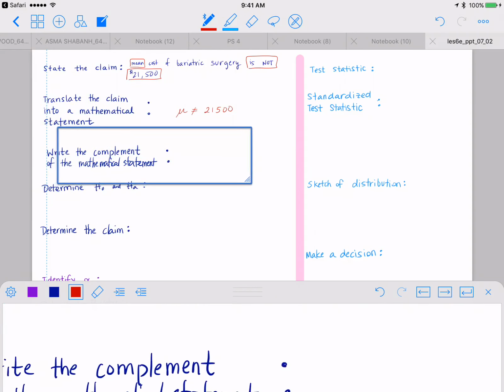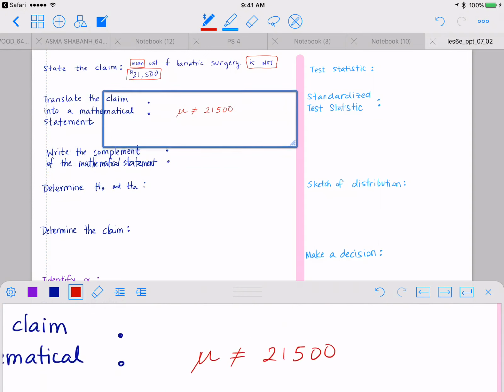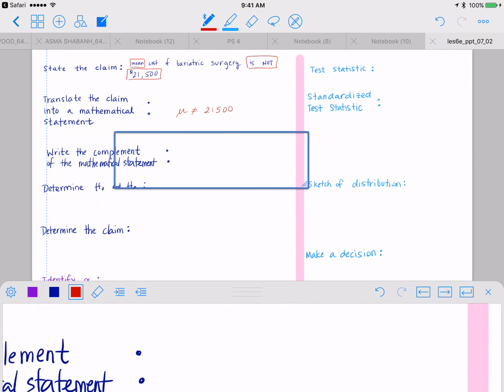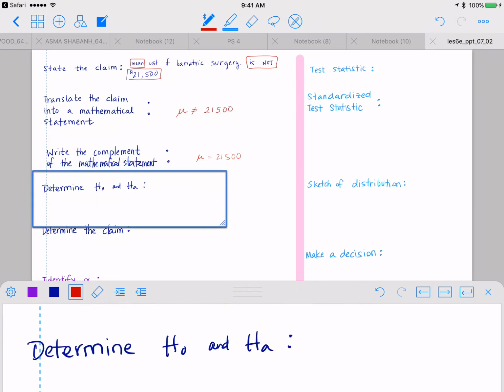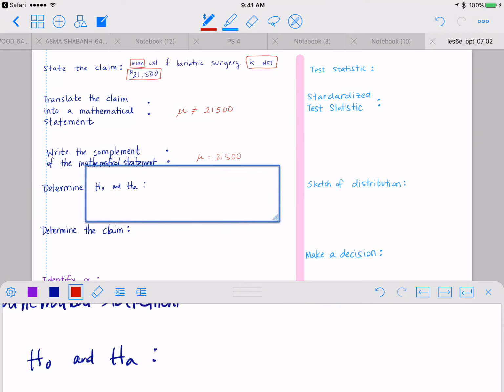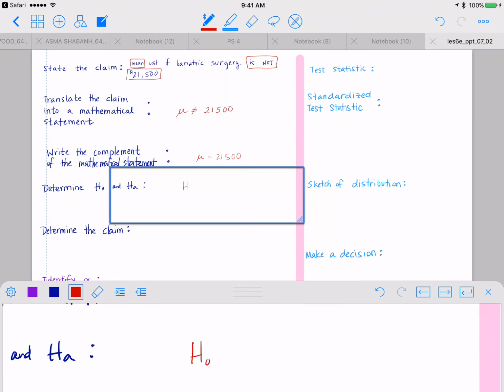Now, what is the complement of our mathematical statement? So the complement of mu is not equal to 21,500 is mu equals 21,500. Okay? Which one is H naught and which one is HA? Remember, the null hypothesis, H naught, is the mathematical statement that contains the equality. So it'll be mu equals 21,500.